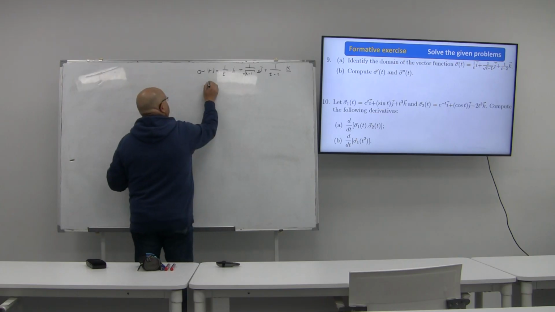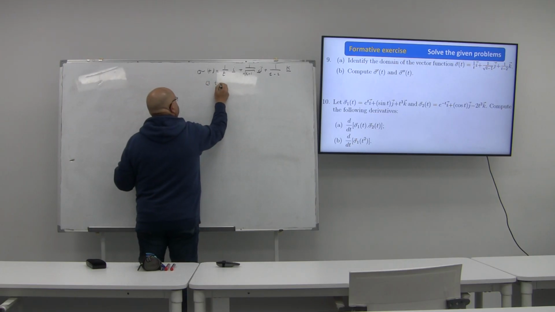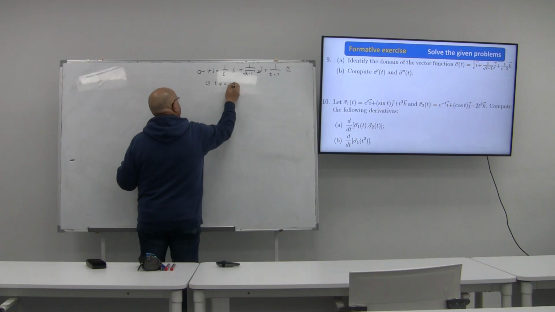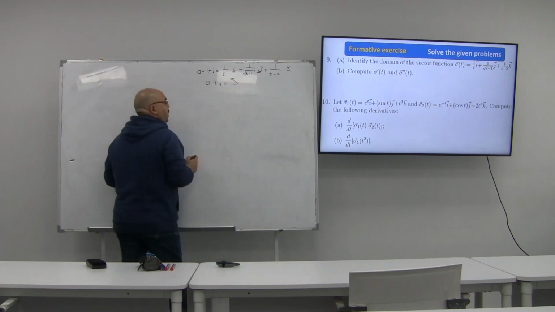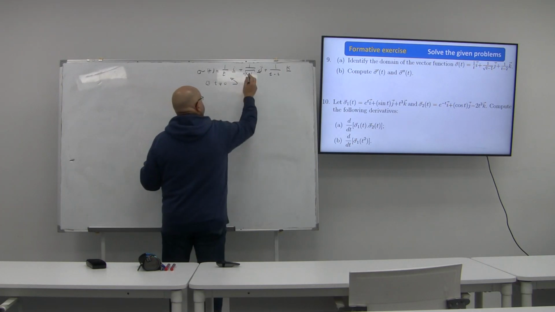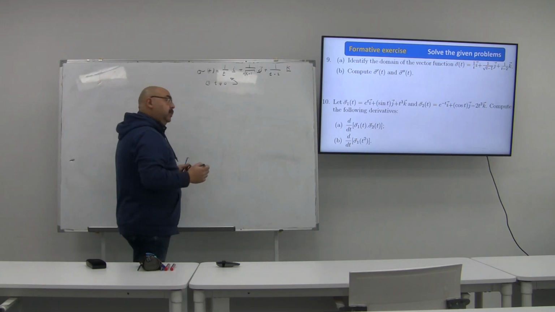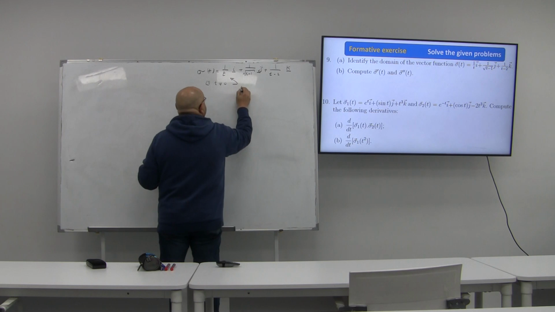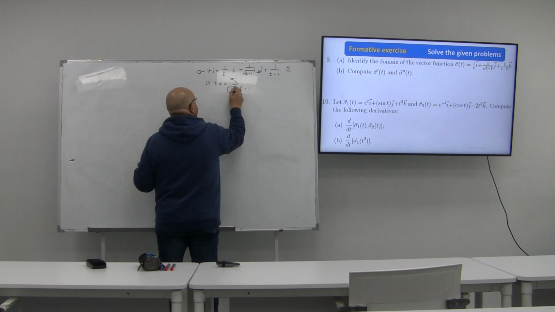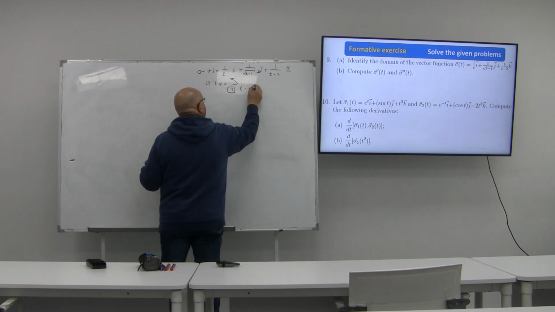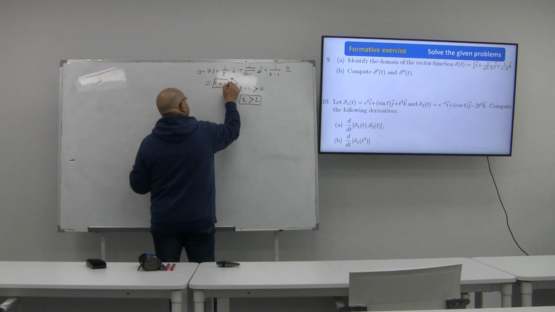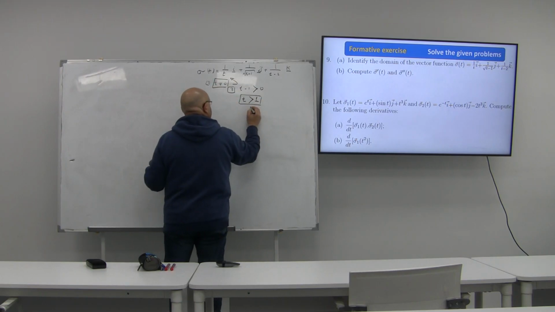So the first condition is that t shouldn't equal 0 in order to satisfy the i component. For the j component, I have a square root in the denominator, which implies that t minus 1 must be greater than 0, which leads to t being greater than 1. So this is the first condition, and that's the second condition.